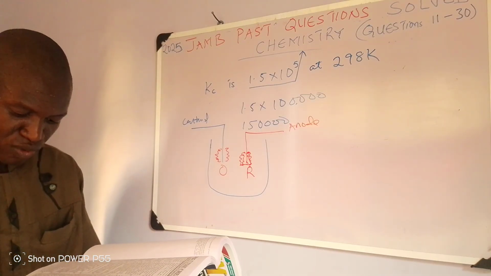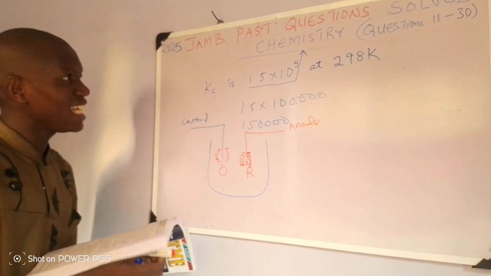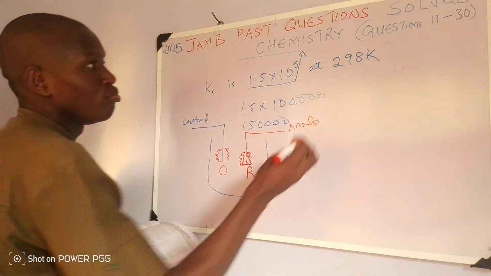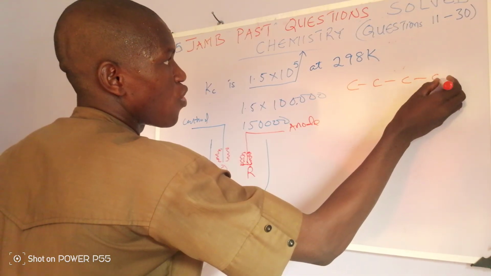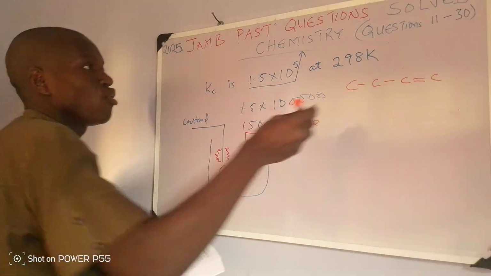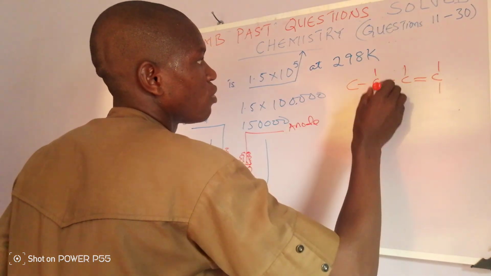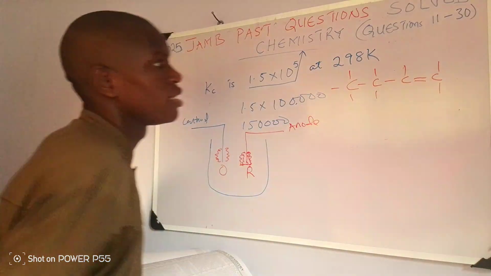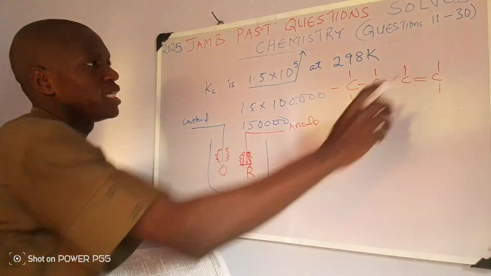Okay, question 27. Which of the following compounds is an isomer of butene? Butene is 1, 2, 3, 4. So we have this. This is butene. Because of the double bond, we have 1 here and we have 2 here.